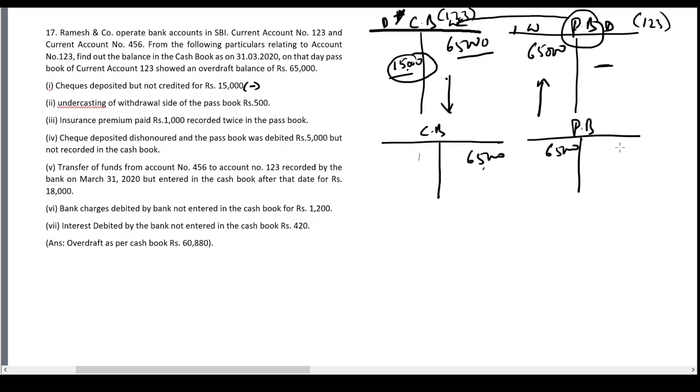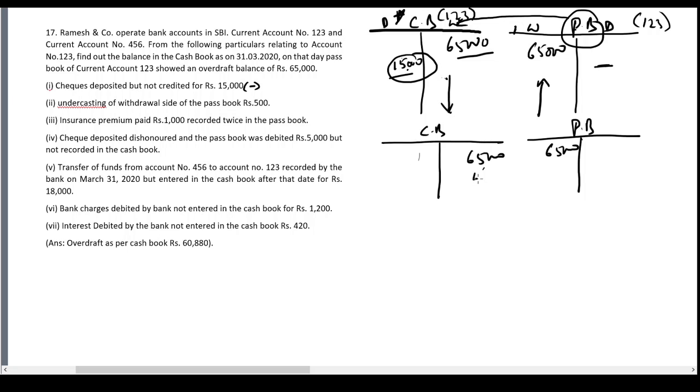Similarly, in the passbook, the banker will credit the total of your deposits and total the withdrawals and find the balance. So undercasting means under total, undercasting of the withdrawal side of the passbook is rupees 500. So I'll give you an example.